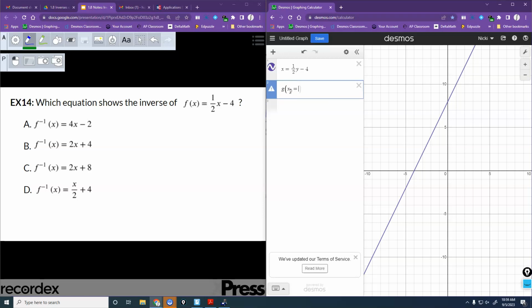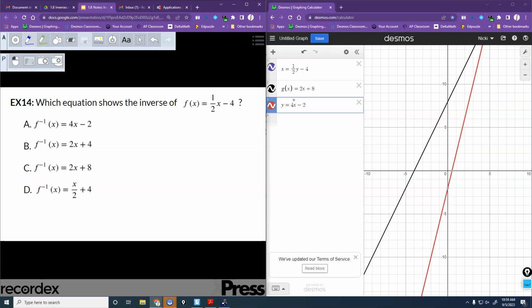It doesn't like it if you try to type in that -1. If I graph g of x equals 2x plus 8, it's the same line. That's my answer. The other ones, if I try y equals 4x minus 2, that's not the same line. So that's not the answer. So this one would be C, because that is the correct answer.